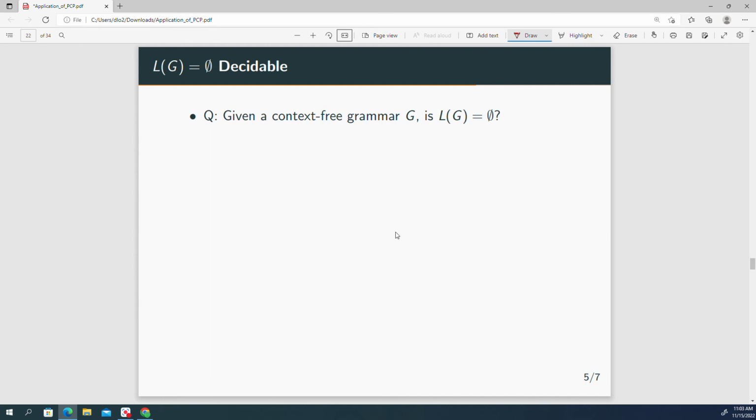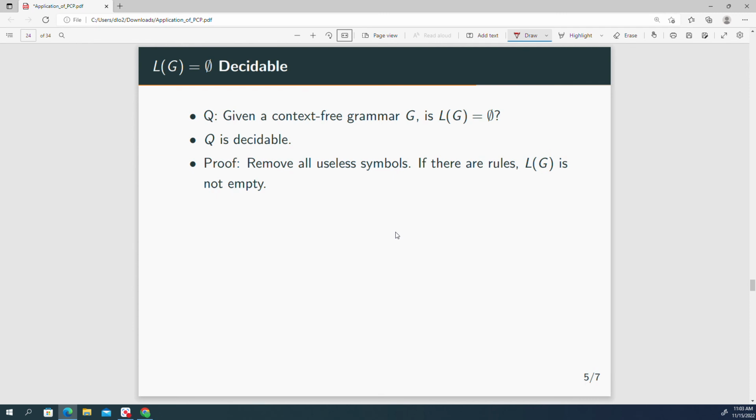Now we're going to ask, given a context-free grammar G, is LG equal to empty? This is very similar to the previous sigma star. Sigma star is everything, but now it's empty. To check if a context-free language is empty is actually decidable. Why? Because you can remove all the useless symbols in the grammar G. Then all the symbols there are useful, reachable from the beginning.